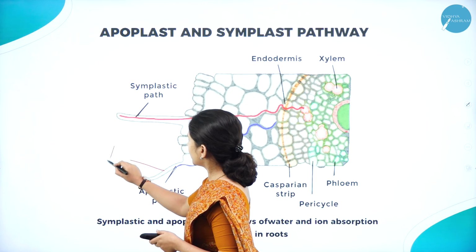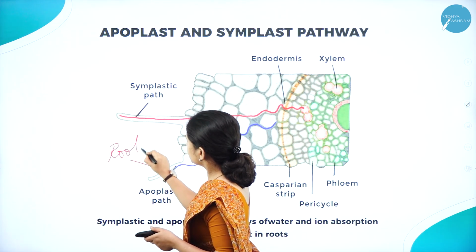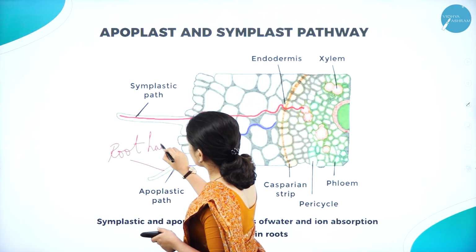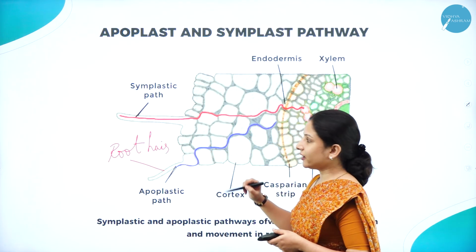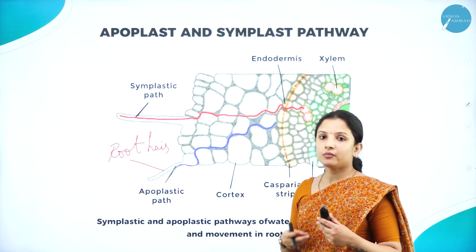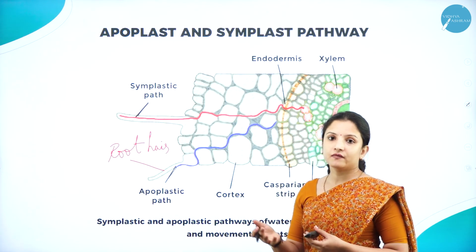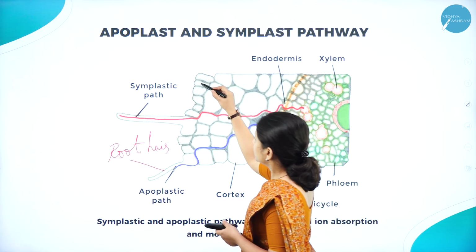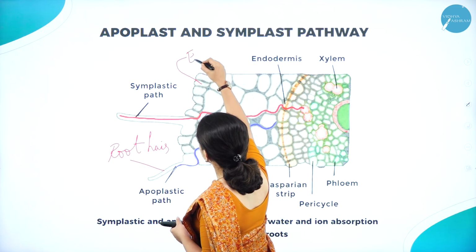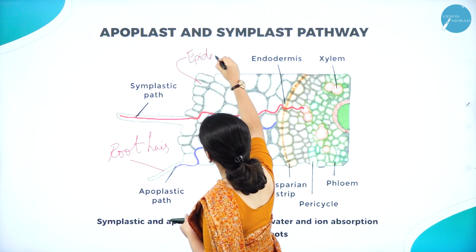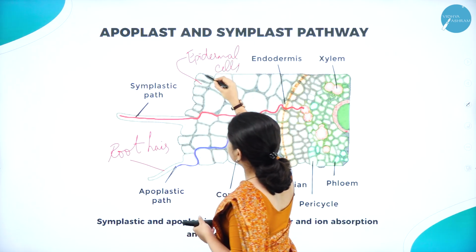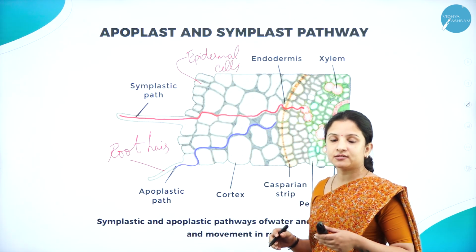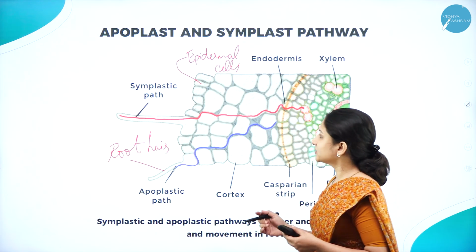These are the root hairs, and this is the outermost layer. A few of the epidermal cells themselves get converted into root hairs. So these are the epidermal cells. Epidermal cells together form the epidermis tissue.